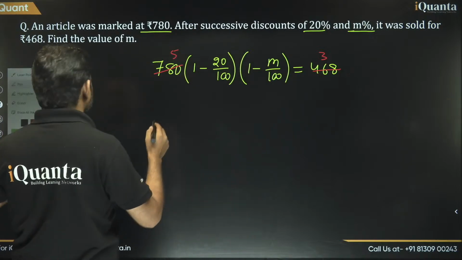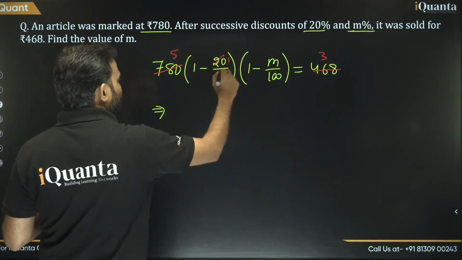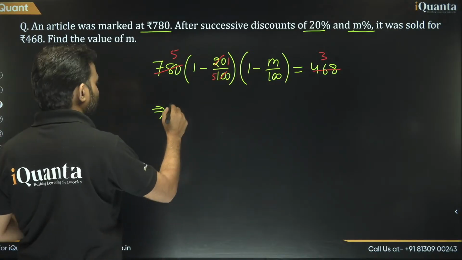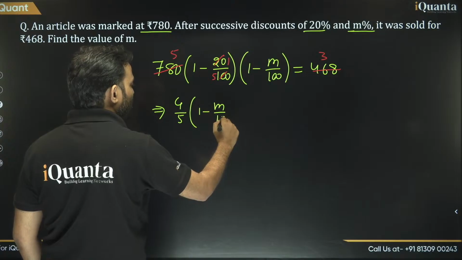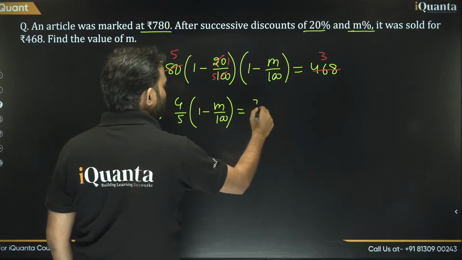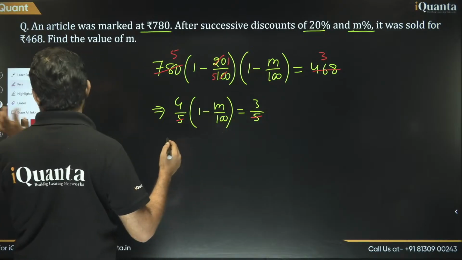So from there we can say 20 by 100 is 1 by 5. So this will be equal to 4 by 5 times 1 minus m upon 100 is equal to 3 upon 5. So once again, 5 cancelled out. What are we getting?